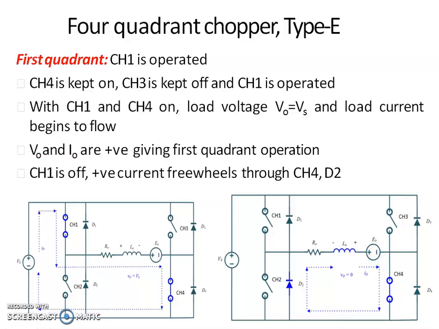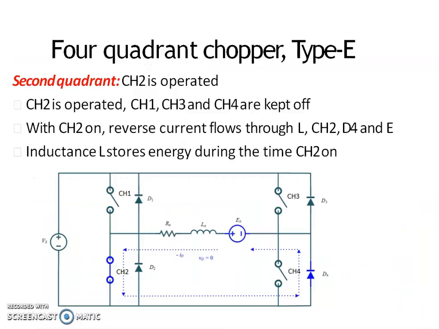Now consider the second quadrant operation. In order to obtain second quadrant operation, we are operating the switch CH2. First, assume that CH2 is in on condition. When CH2 is on, the current flows through CH2.